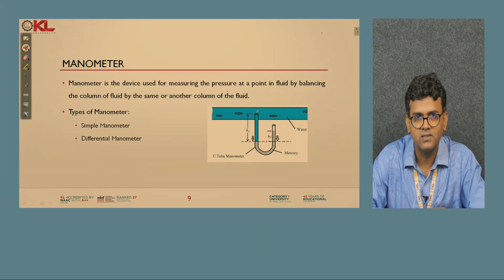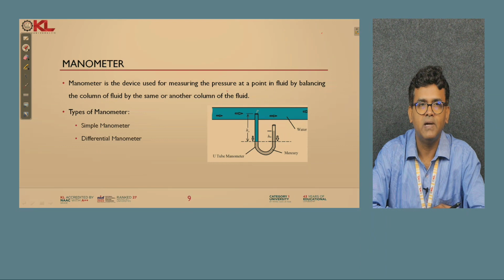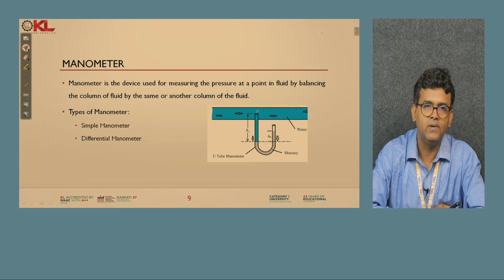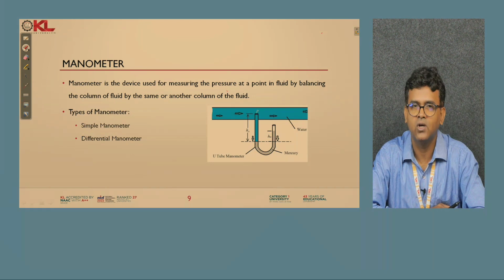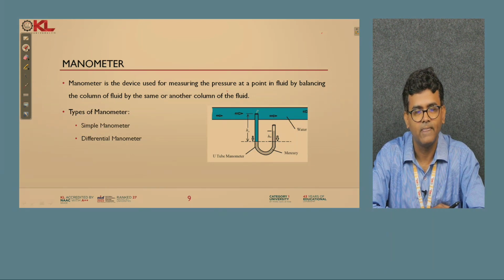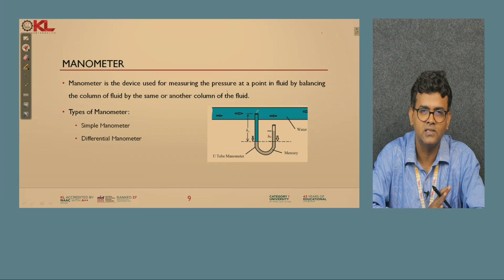Manometer is a device for measuring the pressure at a point in fluid by balancing the column of the fluid by the same fluid or by another column of fluid.